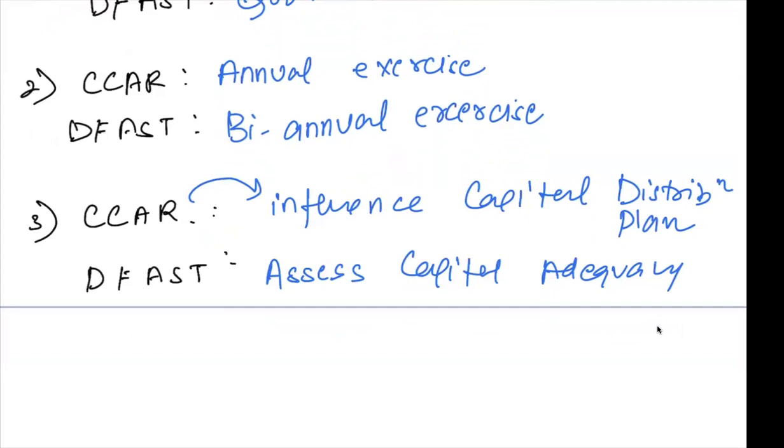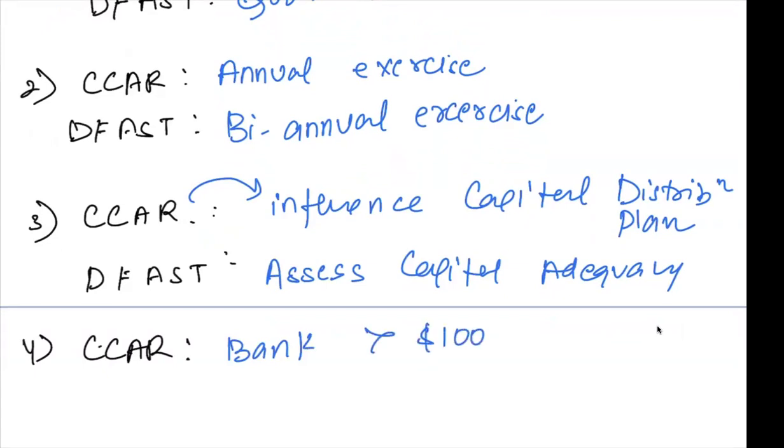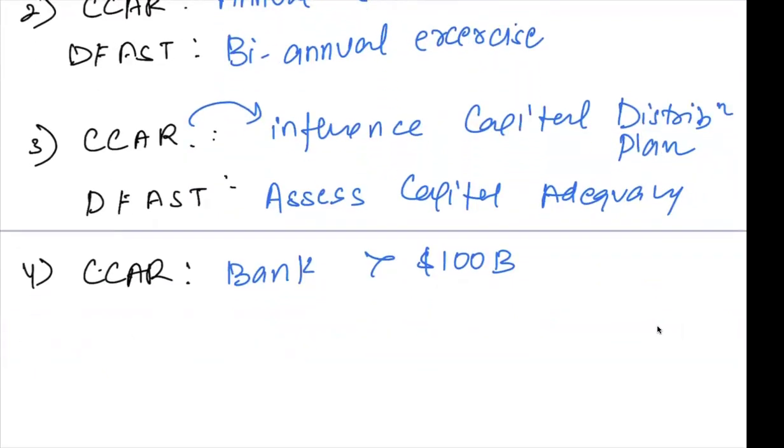Fourth, CCAR applies to banks with total consolidated assets of $100 billion, whereas DFAST. See, I'm not sure for DFAST, but maybe after this class I'll let you know what the applicability for DFAST is, what the range of DFAST is.